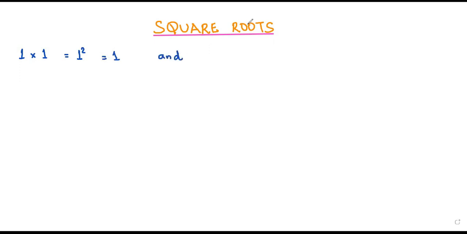And when we have negative 1 times negative 1, we will get negative 1 squared. And this is the same as 1. You know that negative 1 times negative 1, we get positive 1.